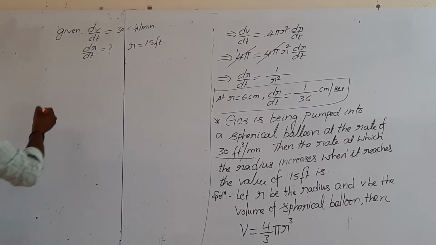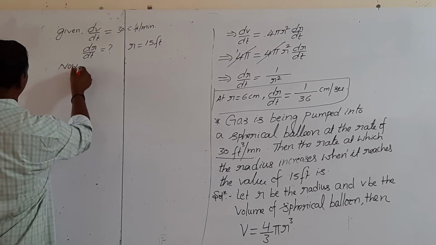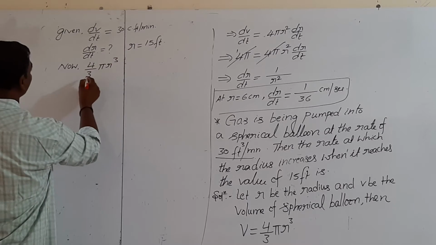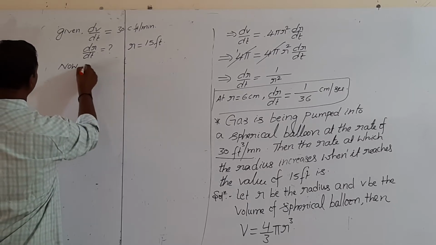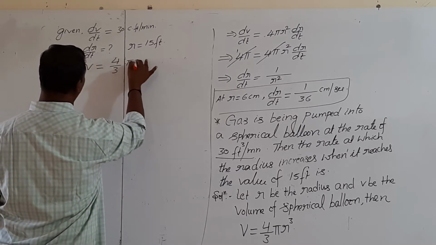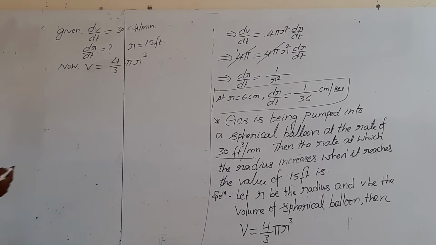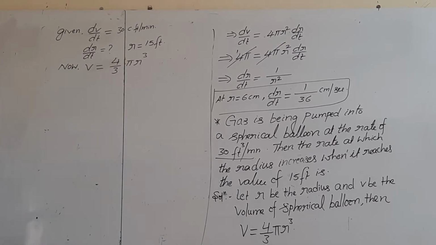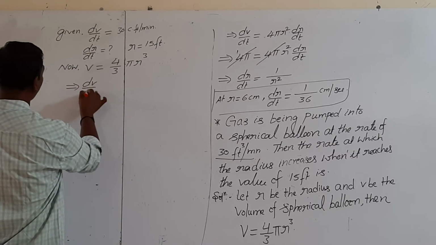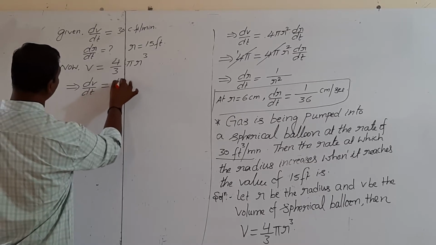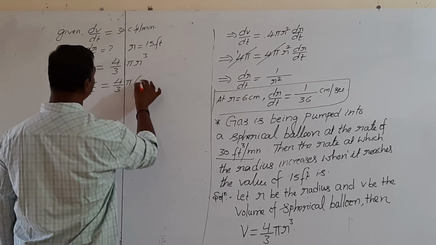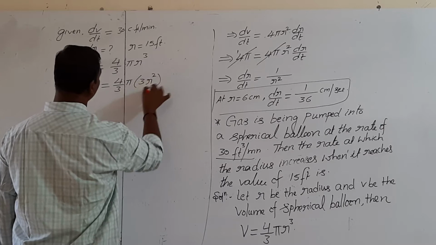Now taking the formula, 4/3 pi r cube, the volume of a spherical balloon. Then differentiate with respect to time. dV by dt is equal to 4/3 pi, which is constant, times the derivative of r cube, that is 3r square.